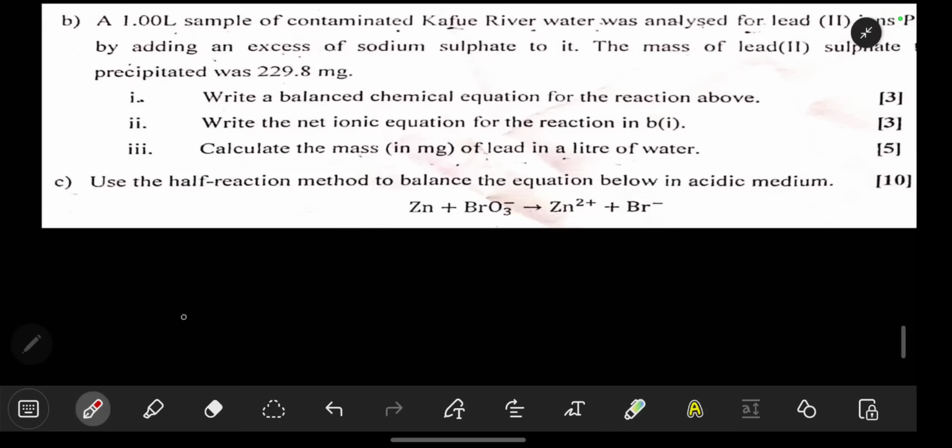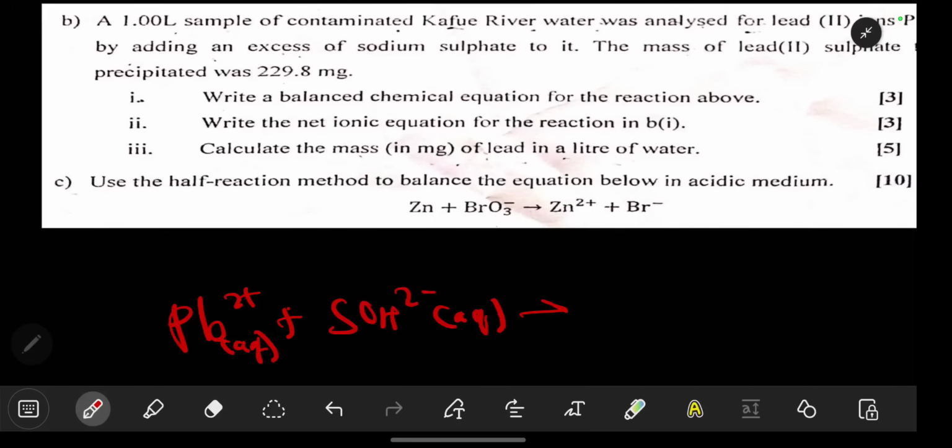So if we have our Pb2+ plus our SO4 2- (aq) producing the precipitate, which is our PbSO4, a solid, what is the mass in milligrams of lead in the liter of water? So we want the mass of lead. Now, what are we going to do?